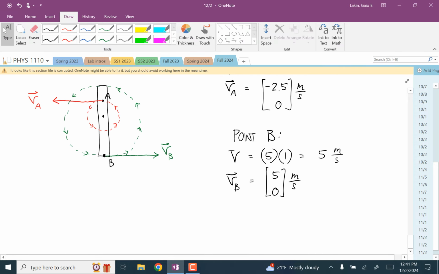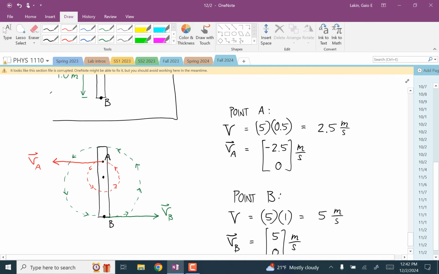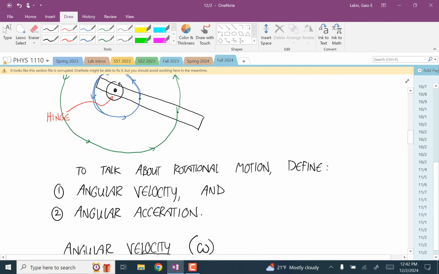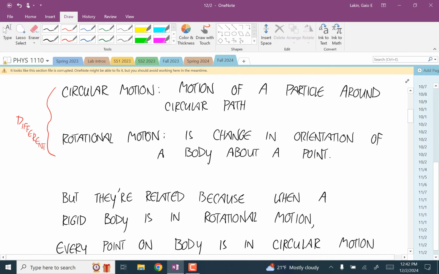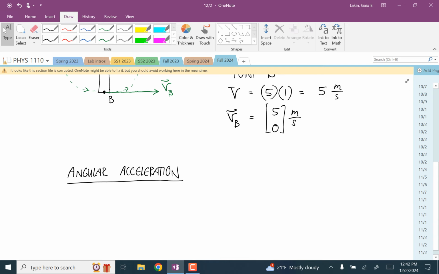Okay, so that's angular velocity. The other one we have to talk about is angular acceleration. Angular velocity, we use the Greek letter omega to represent it. Angular acceleration, this one's pretty easy to remember. We use the Greek letter alpha.